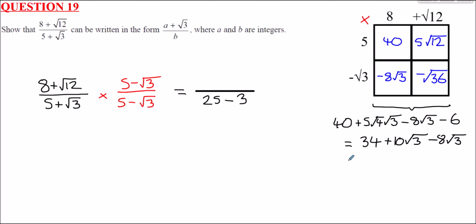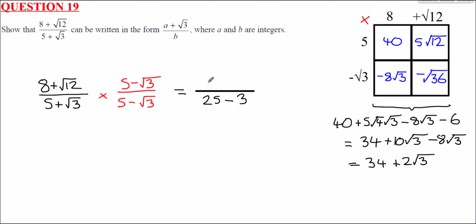So finally, fully simplified down, this thing here, 8 plus root 12 times 5 minus root 3, would become 34. And if I've got 10 root 3's and I take away 8 of them, I'd have 2 root 3's left. Think of it as an x. If I had 10x, take away 8x, I'd have 2 x's. So the counting units are root 3's rather than x's, so now I'd have 2 root 3's.